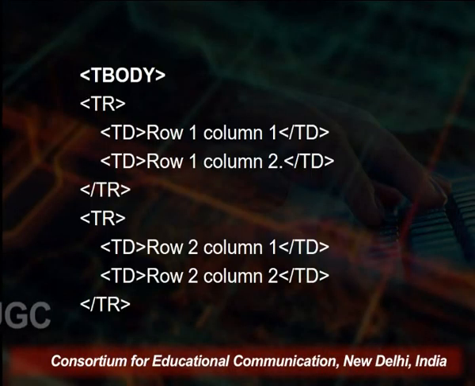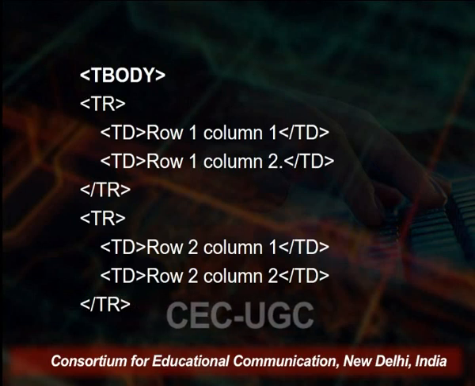So, actually you can create 3 sections within a table. The first section that you create is the T head section, which, as we already know, is the header section. This is the first row in which you are defining the heading. Then you have the T body, that is the body of the table where your complete data is coming.